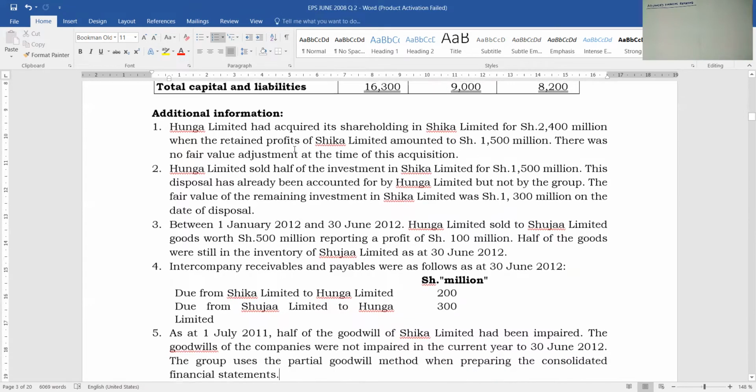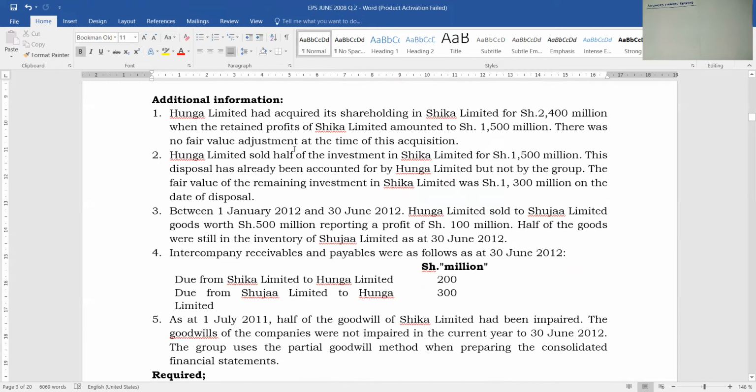The additional information, they say, number one, Hunga Limited had acquired its shareholding in Shika for 2,400, when the retained profit of Shika amounted to 1,500. There was no fair value adjustment at the time of this acquisition.